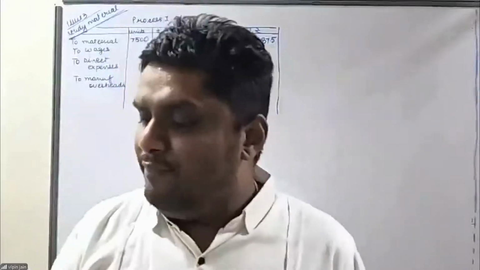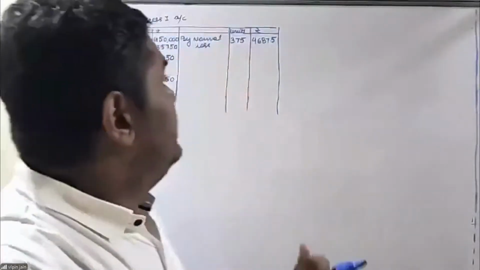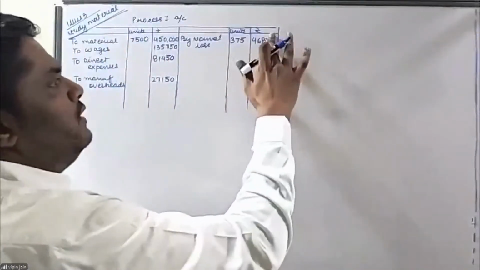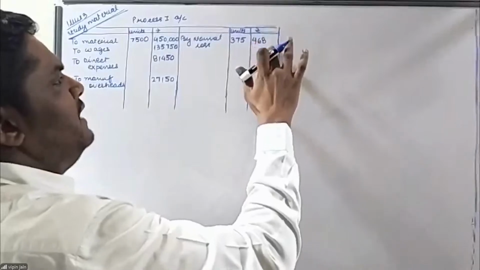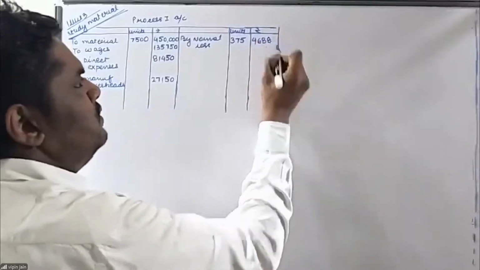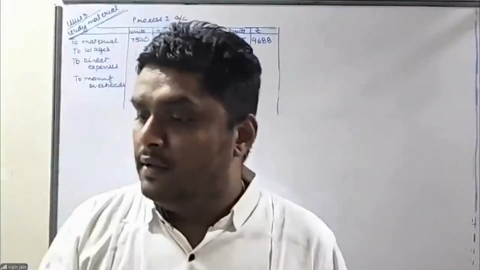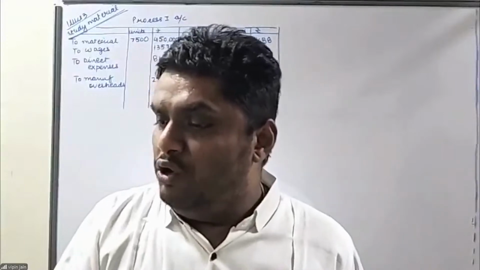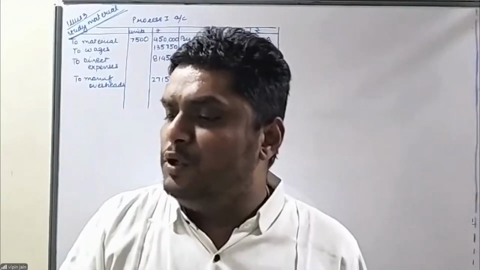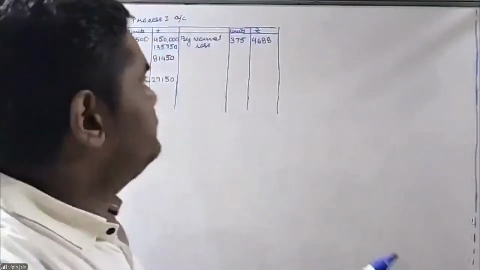So the total scrap value will be 4687.5. We'll round it off to 4688. Alternatively, you can keep it in decimals also. Now, the units that are transferred to the next process are 7,050.